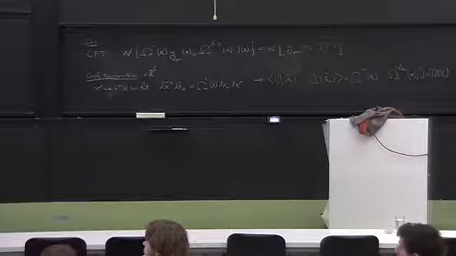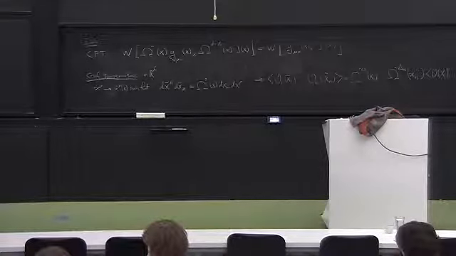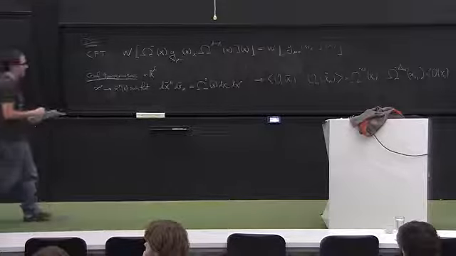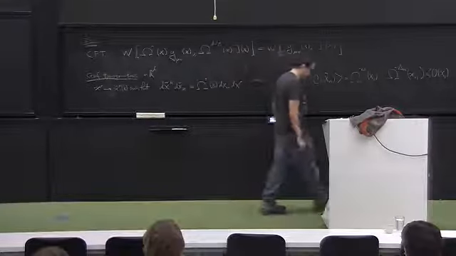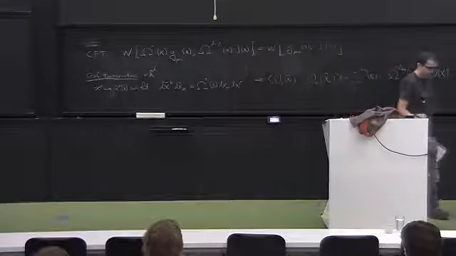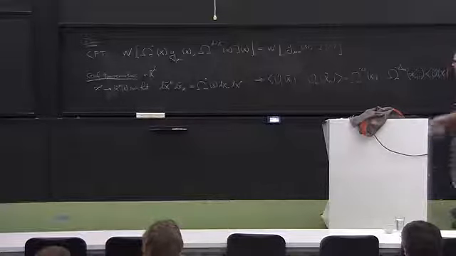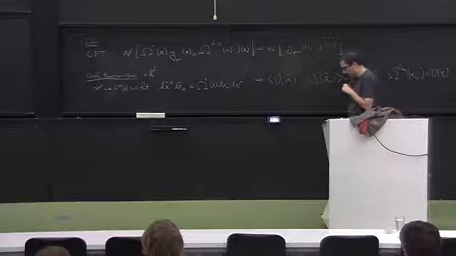Do you use the conformal transformations as moving your points around in your space-time and changing your length elements, or do you view it as changing the metric? It's equivalent.